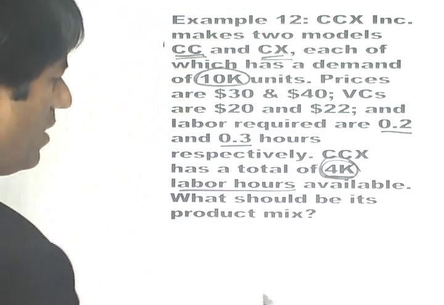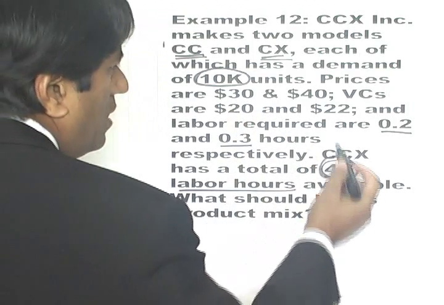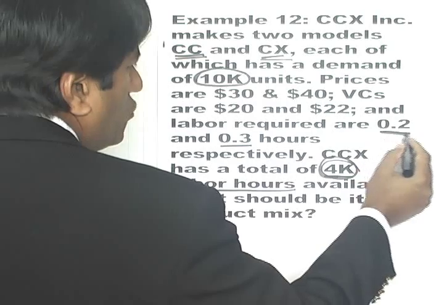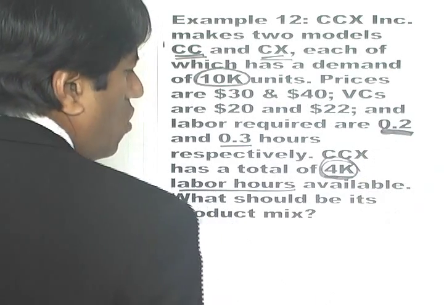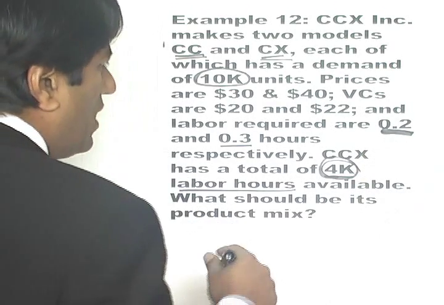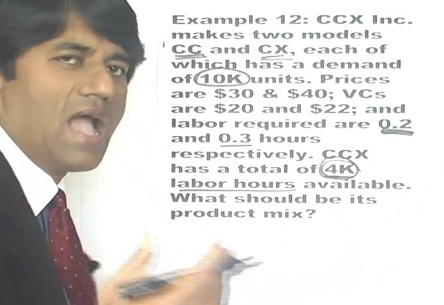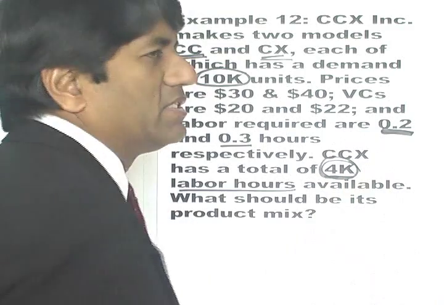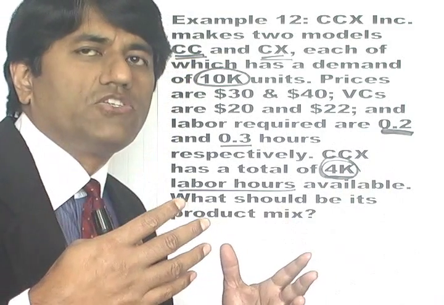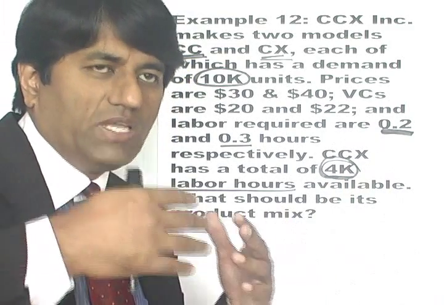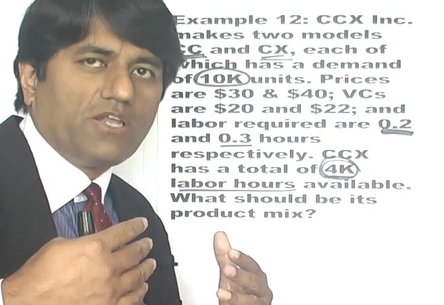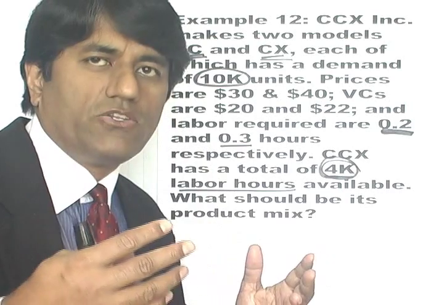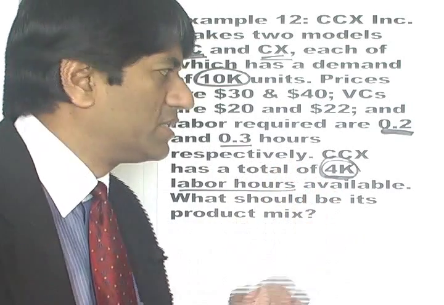Okay, now the first model requires 0.2. So each unit requires 0.2, or then each labor hour will produce 1 divided by 0.2, that's 5 units.